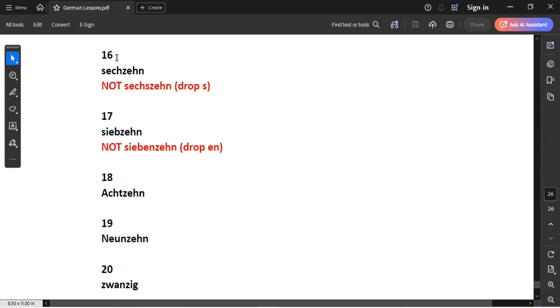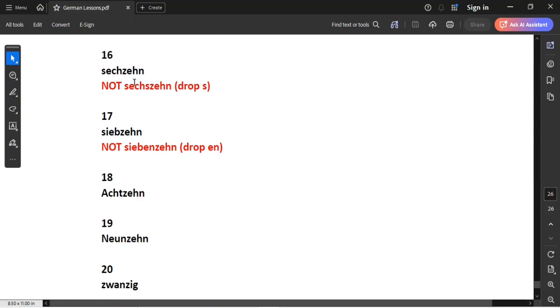When it comes to 16, you will drop the S that is in 6. Remember 6 in Deutsch we read as sechs. But when you're combining it with zehn, you drop the S, so it will be sechzehn.